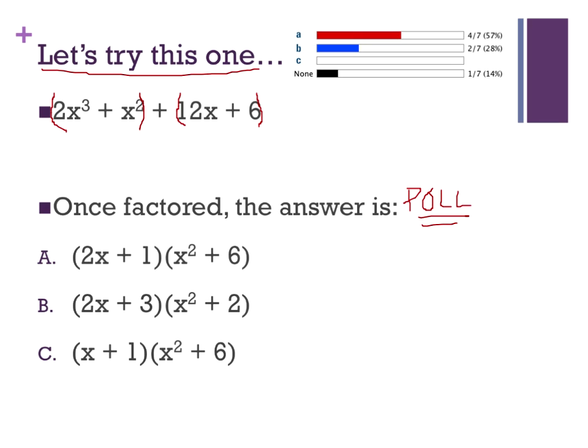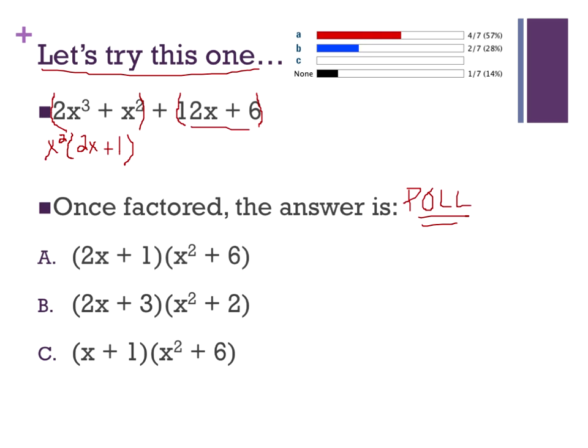Once I have factored this, 2x cubed plus x squared, I'm going to take out the greatest common factor of an x squared. What's remaining then is a 2x. And when I take an x squared out of an x squared, what I'm left with is plus 1.